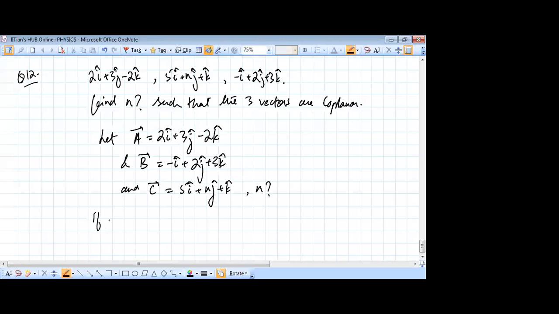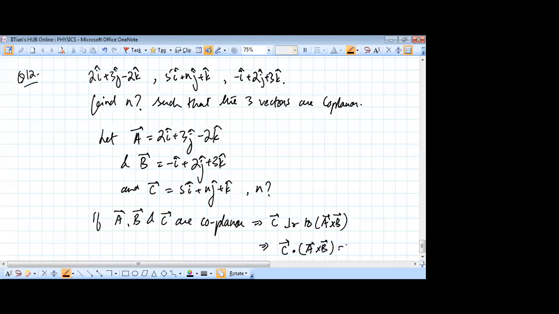So if A, B, and C are coplanar, then C should be perpendicular to A cross B. Perpendicular condition क्या होता है? Dot product should be 0. So C's dot product with A cross B should be 0. So from that we will get n.